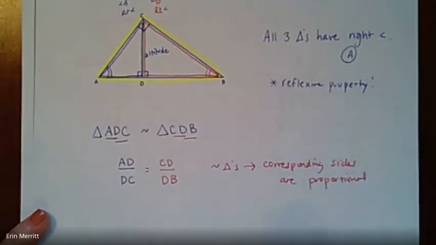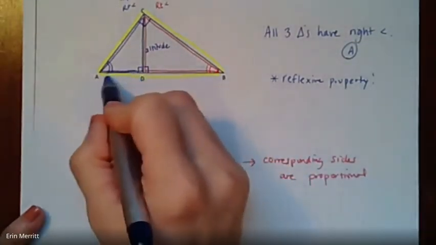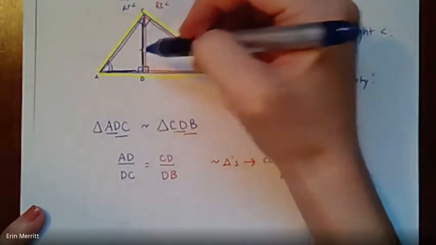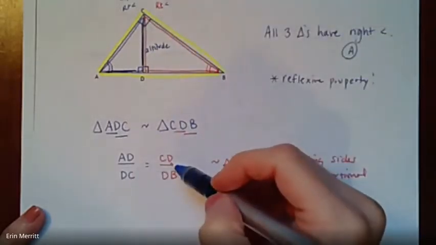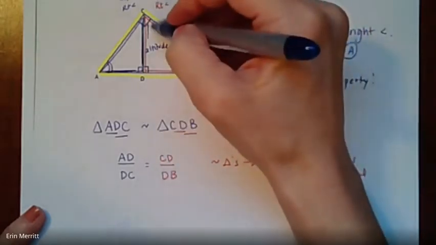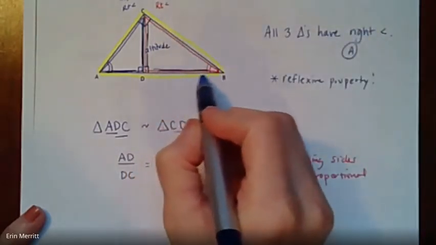All right. Well, if I take a look at the picture, AD is this segment right here. And then DC, that's this guy, is to CD. CD is the same as DC, so these guys are the same right here. This segment is to DB, this one over here.